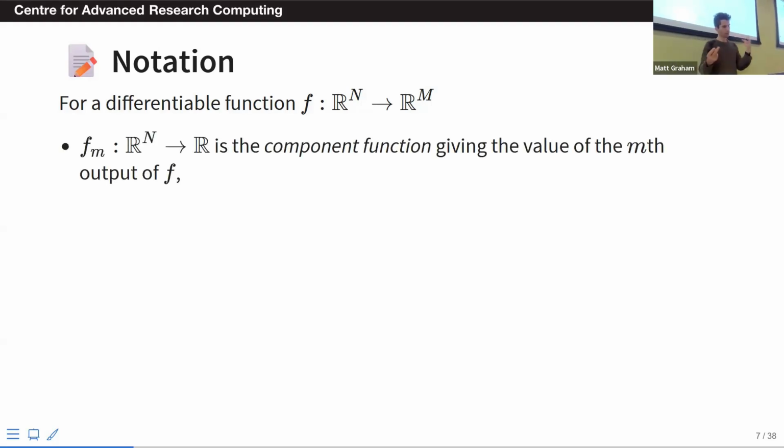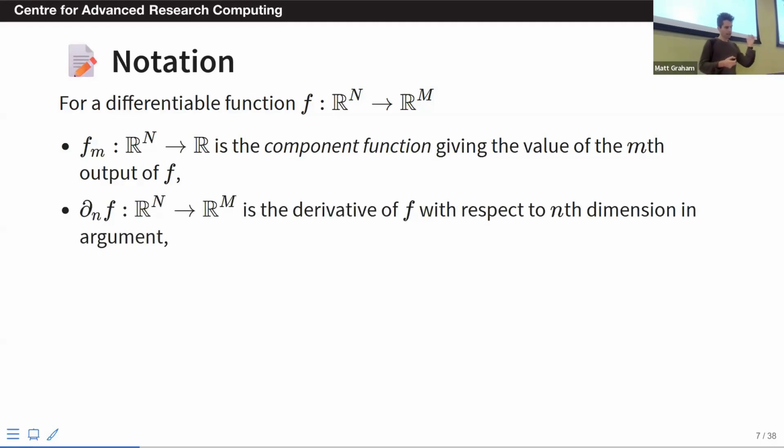If we're considering some differentiable function from n inputs to m outputs, I'm going to denote the component function, which gives you the value of the mth output as a function of all of the inputs, using subscript notation, so f subscript m. And the derivative of the whole function with respect to the nth argument is going to be this partial subscript n f.